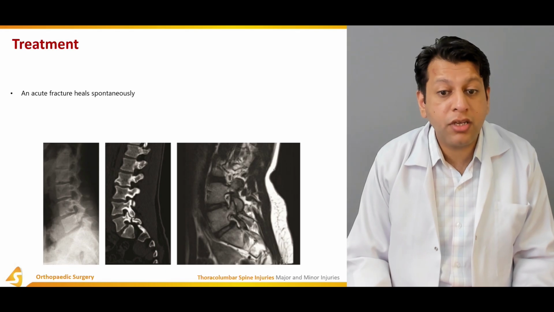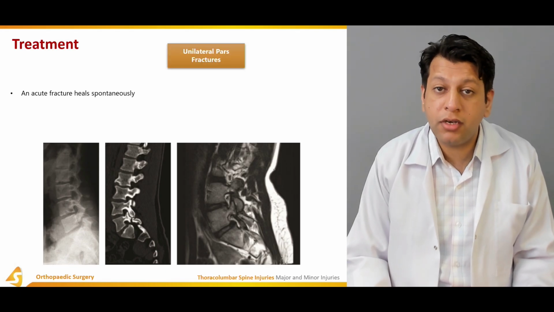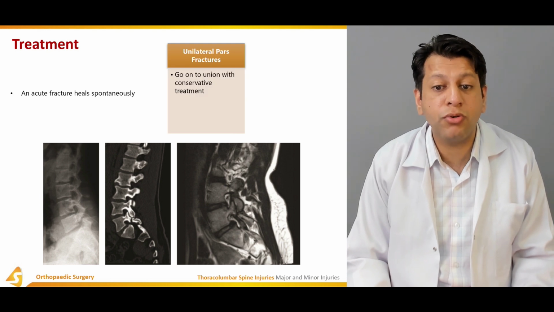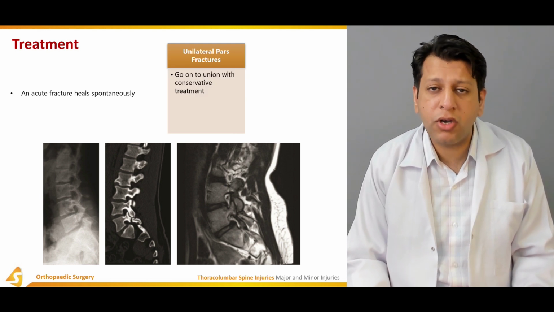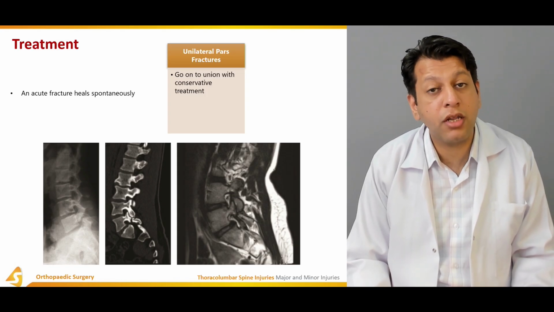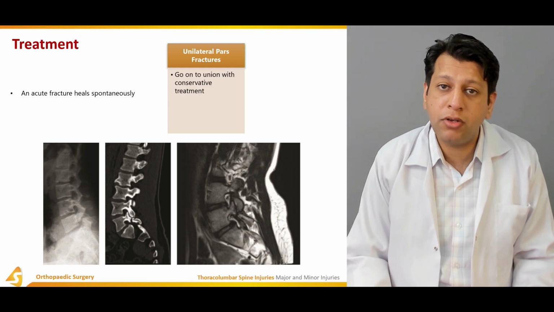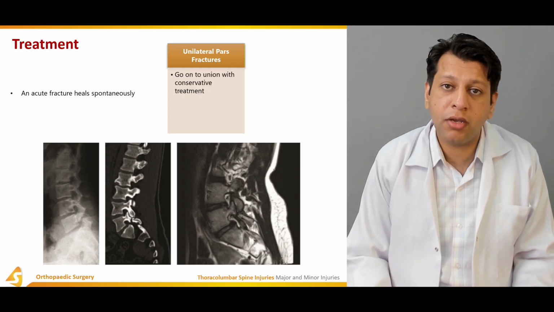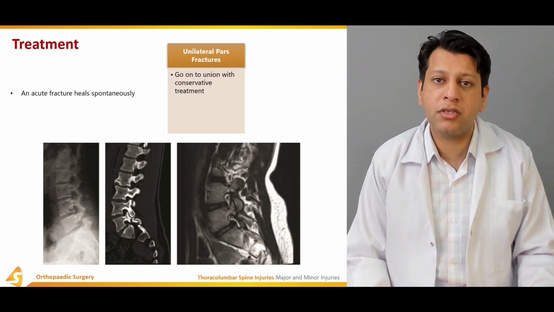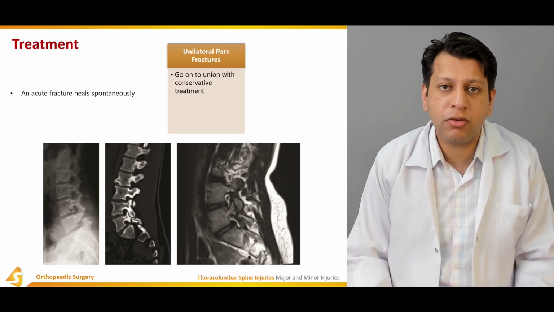An acute fracture heals spontaneously, but a unilateral pars fracture may need conservative treatment to go on to union. It will require some degree of lumbar support in the form of a lumbar corset or lumbar orthosis. You may need analgesia as well, just to make the patient pain free, so that after 2 to 3 weeks the patient can start weight bearing, and partial weight bearing and walking can be started.